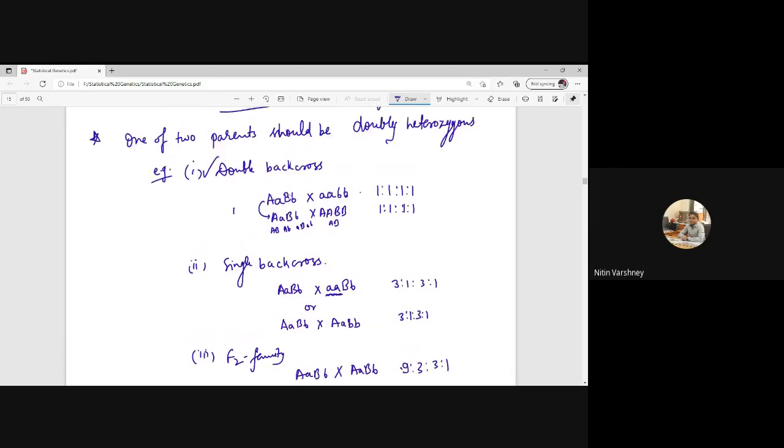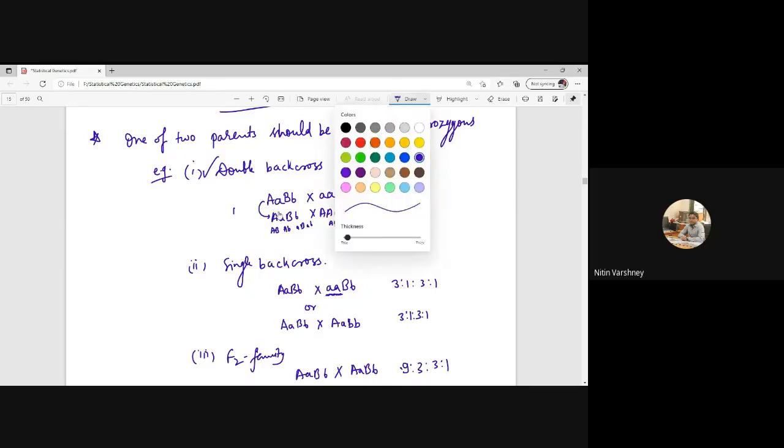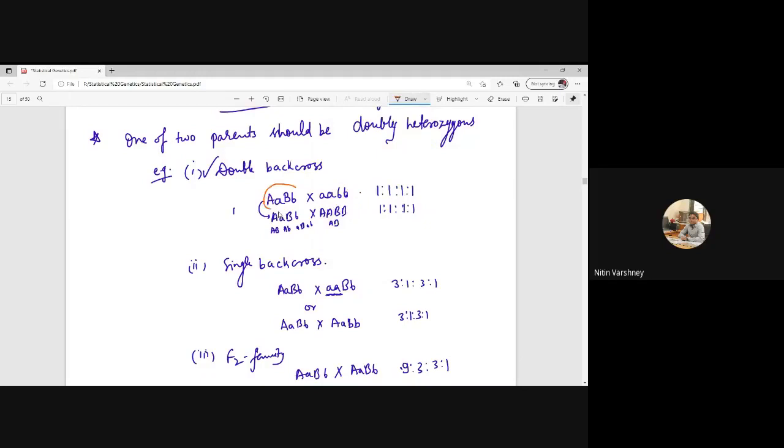So these three types of crosses are there: double back cross, single back cross, and F2 generation, in which one of the two parents is doubly heterozygous. See here, this is doubly heterozygous, this is doubly heterozygous.